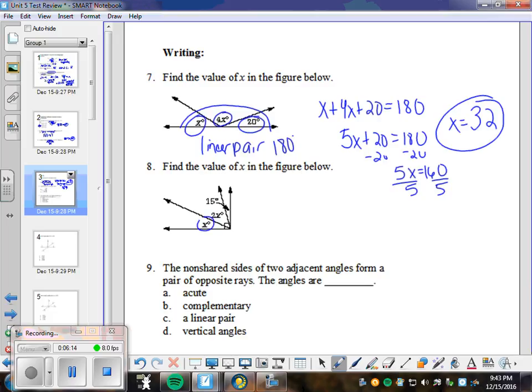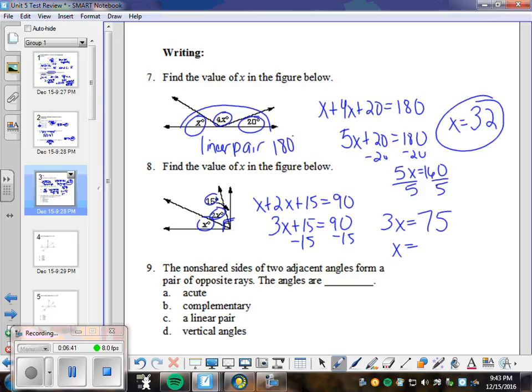These three add up to 90 degrees. So x plus 2x plus 15 equals 90. 3x plus 15 equals 90. Subtract 15 from both sides. 3x equals 75.